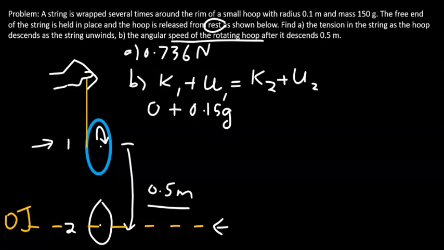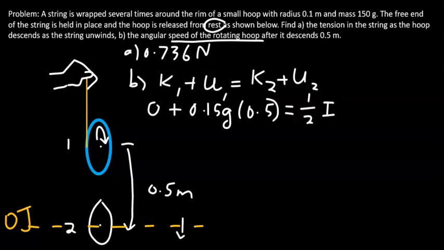So the height is 0.5 meter. Kinetic energy at point 2 is given by half times the moment of inertia about that contact point, not about the central point, times the square of the angular speed, plus U2. U2 is 0 because the potential energy there is 0.